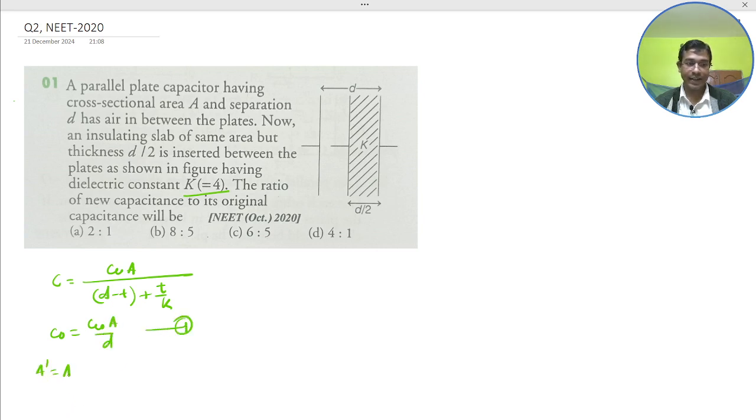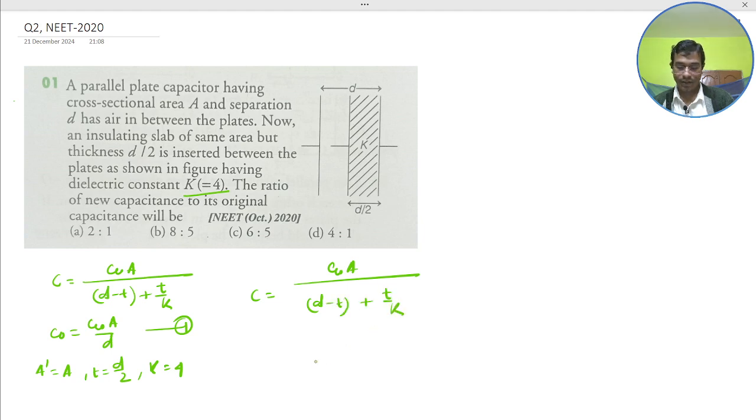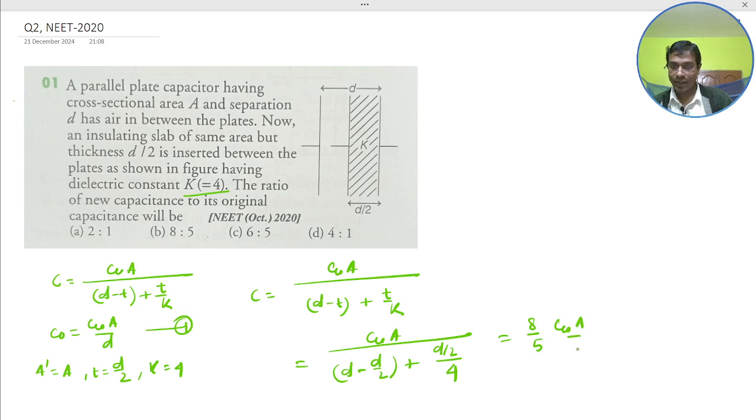Here, given the area is A, the thickness is D by 2 and the dielectric constant is K. So just put this value: epsilon naught A divided by D minus T plus T by K, where T would be D by 2 and K would be 4. You just calculate and it would become 8 by 5 epsilon naught A by D.